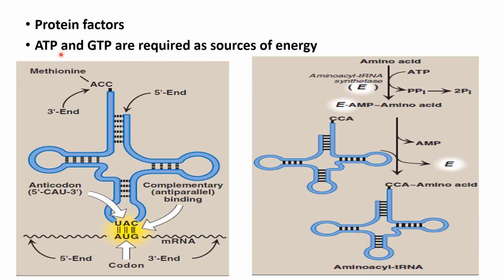Here are the other protein factors which are also required for the translation process, and these are an important component of the translational machinery. These protein factors may be initiation factors, elongation factors, or the releasing factor at the termination phase.